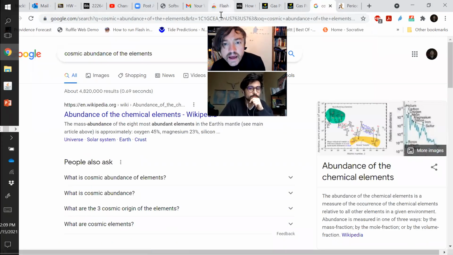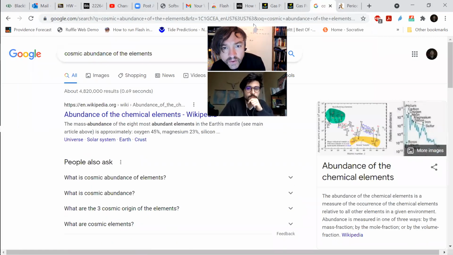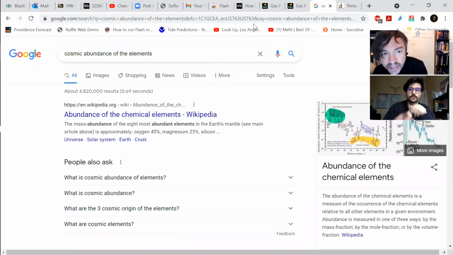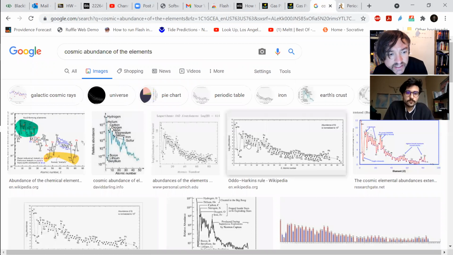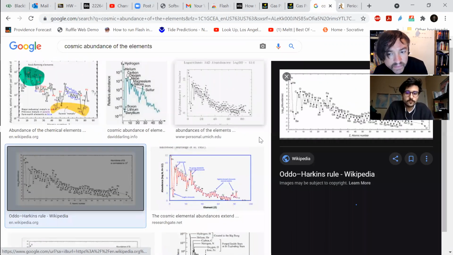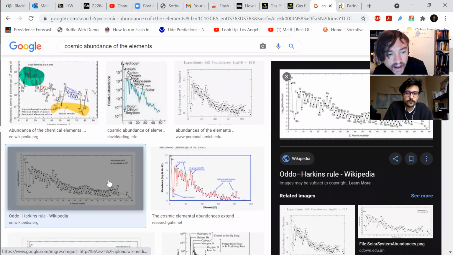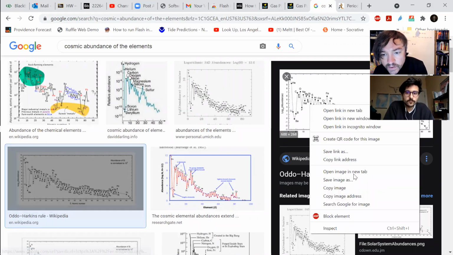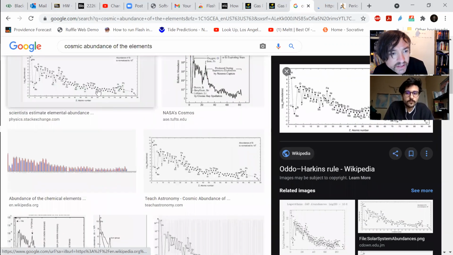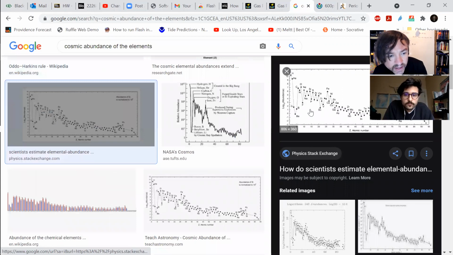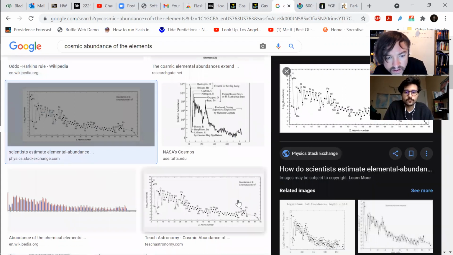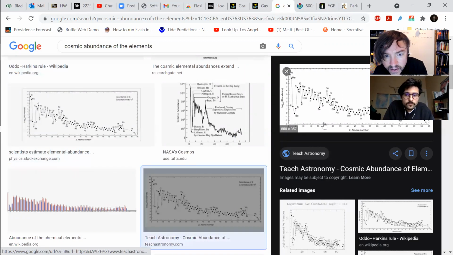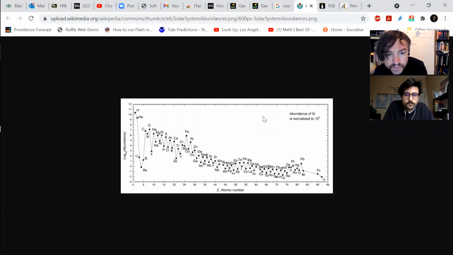This tells us how rare or common elements in the periodic table are. And it actually stands for elements anywhere in the universe, from our planet to mostly interstellar nebulae. I was trying to find a nice big picture of this. This is slightly better than the one that I have in my slideshow.